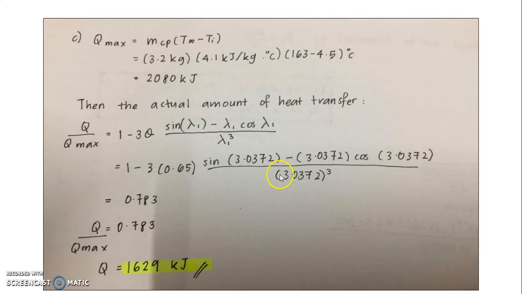We substitute all the values that we've obtained and we will get 0.783. And finally, we obtain the Q that needs to be transferred to the rib as 1629 kJ.